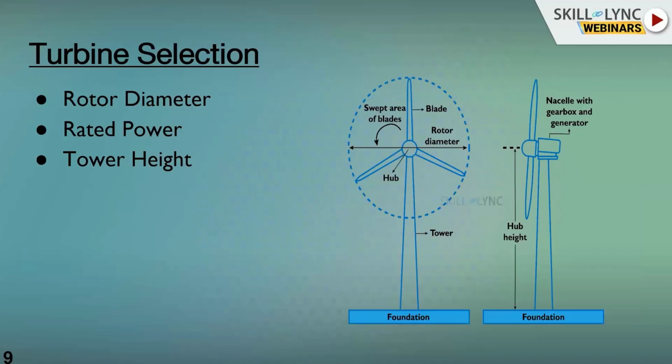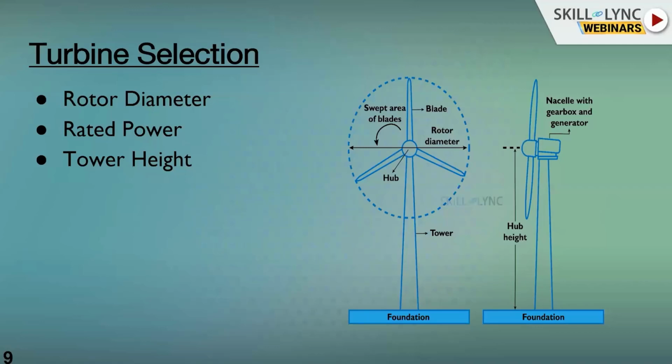Suppose you analyze and identify the wind class as 2, and the turbulence level is B; they will mention in the product itself that this turbine is suitable for wind class 2B. So based on the designer's and manufacturer's recommendation, you have to choose the turbine.